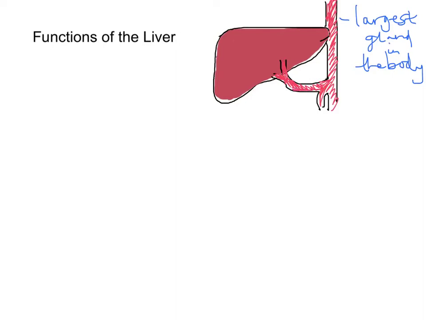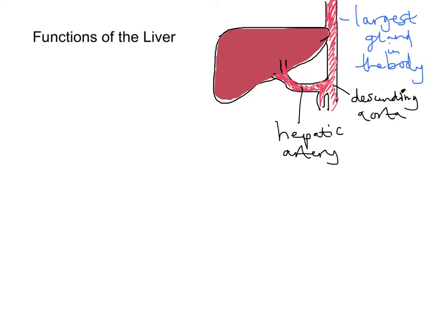So this is our descending aorta, and this branch that is going to supply the liver is known as the hepatic artery. Now it's important to mention this blood vessel structure supplying the liver before we talk about its function, because the fact that it has input from two blood sources is important.